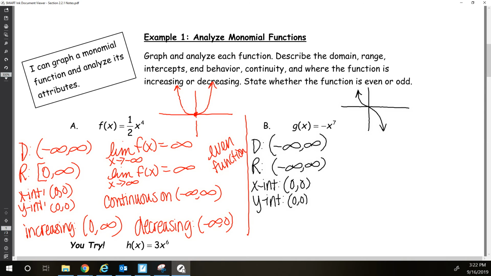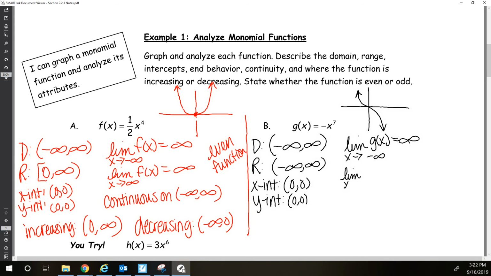Now when we start adding other terms like negative x to the 7th plus x to the 5th minus x cubed, it's going to do all sorts of fun things in there, and that comes up in Chapter 2. All right, end behavior. What's the limit as x goes to negative infinity of g of x? So as we go to negative infinity, our y's are going to positive infinity.